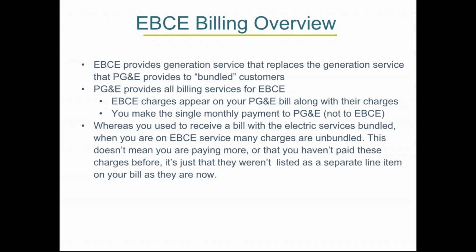Whereas you used to receive your charges in a bundled fashion, when EBCE becomes your provider, several of the charges are unbundled, meaning they take a large number and break it down into its subcomponents. What I'll explain today is how those subcomponents appear. And because it's unbundled, that's why you now see a credit from PG&E, because they're breaking that part out.